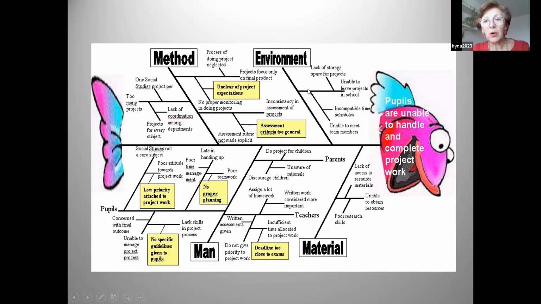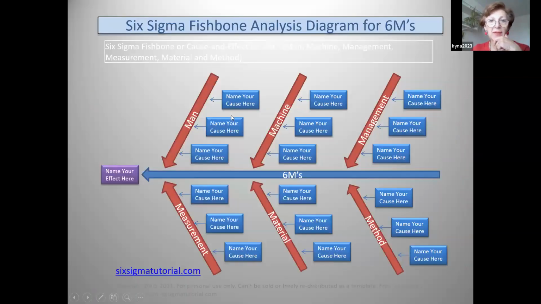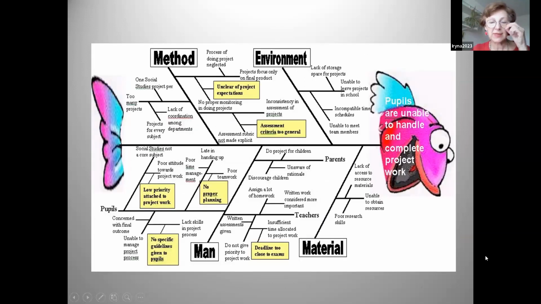And you see the bones are of different lengths. This is long, this is short, and there are some side bones attached to a core reason. So this is more exact. Let me see if I have another example. No, I don't have another example.